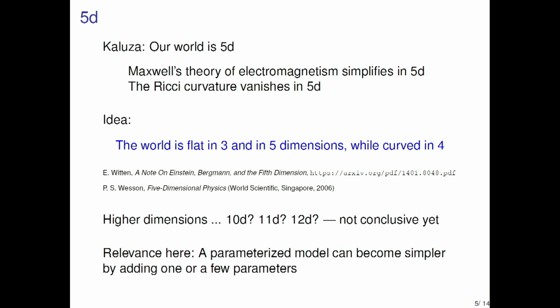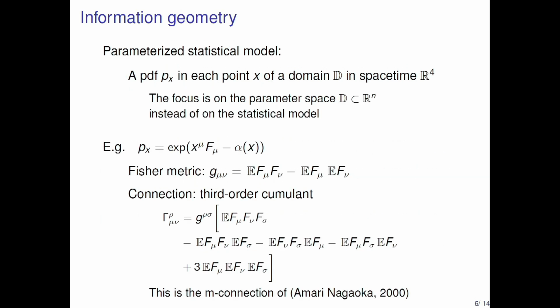What's the relevance of these dimensions for my talk? Very simple. If I go to information geometry and I have a parameterized model, my point is the model can become simpler if you increase the dimension, if you add one or a few parameters. And that's what I now continue.